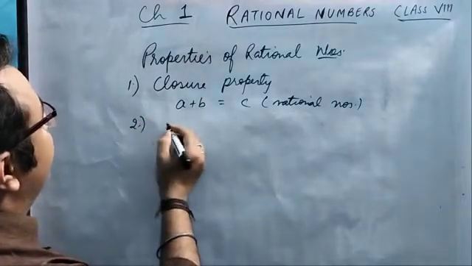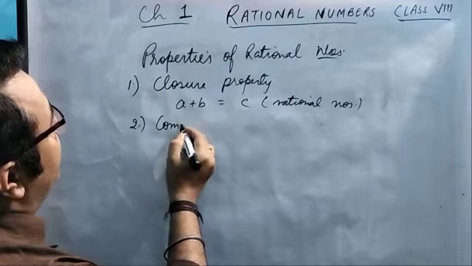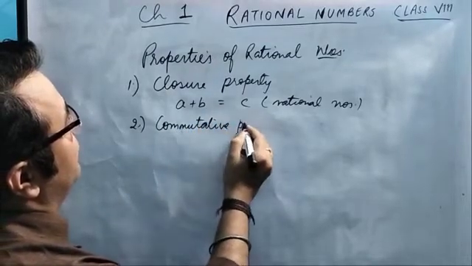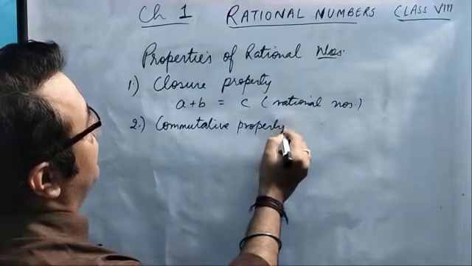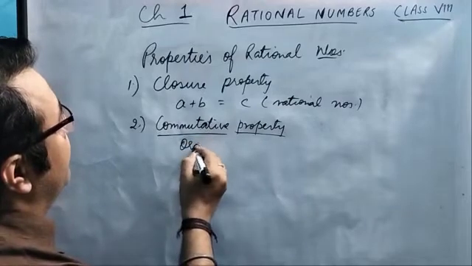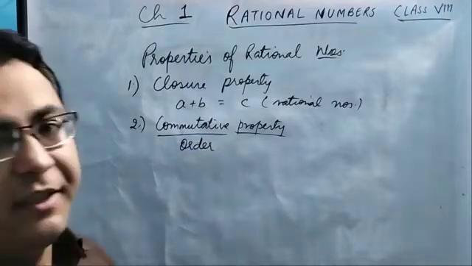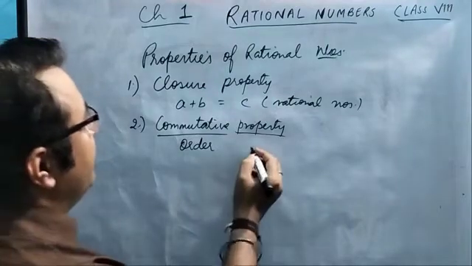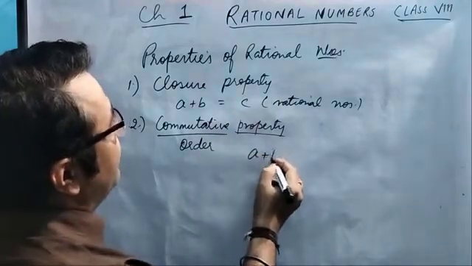Second property is commutative property. The word commutative means order. And remember, the word commutative means order. If we change the order, let's say we can add two rational numbers in two ways.